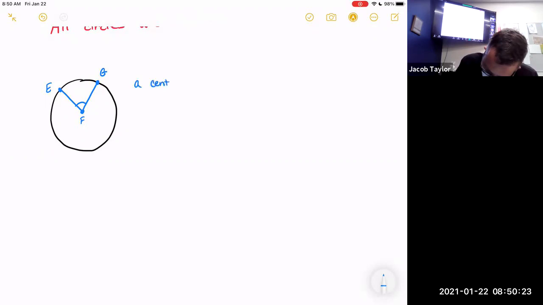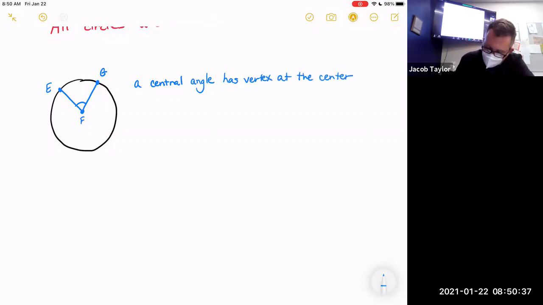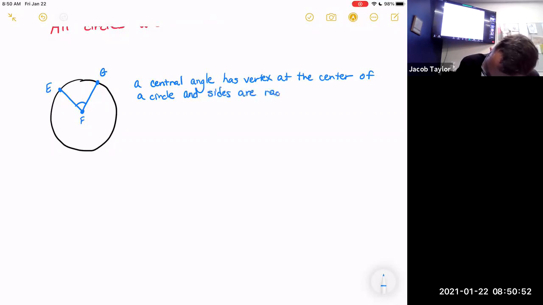A central angle has a vertex at the center, and its sides are the radii. So in this case, EFG is a central angle.